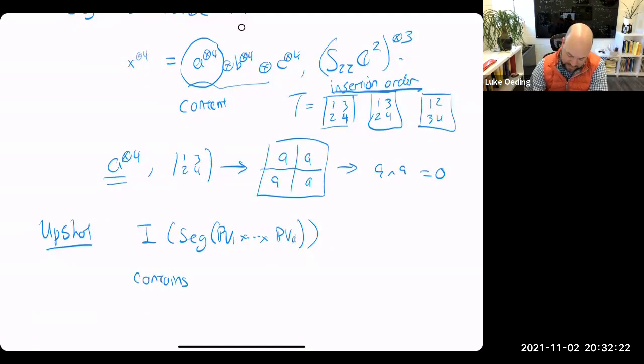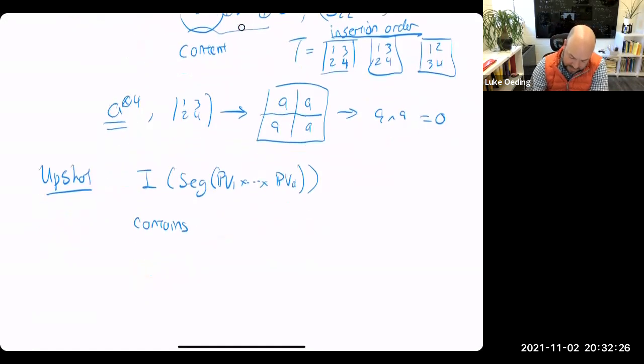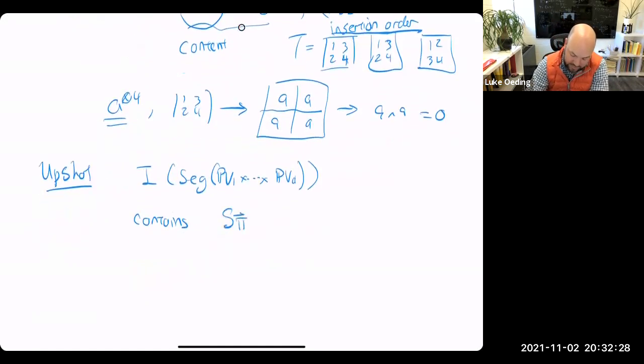And I don't know what happens when I only have one row at this point, but this contains all the S pi vector V vector such that pi vector is a partition of E, at least 2, and pi I has greater than or equal to 2 parts for some I.